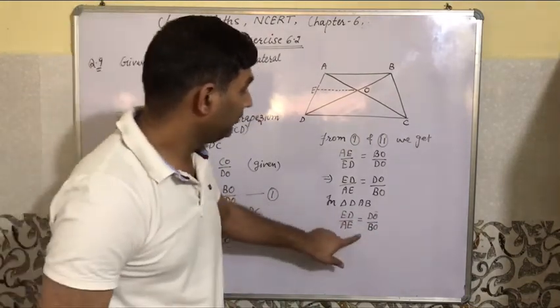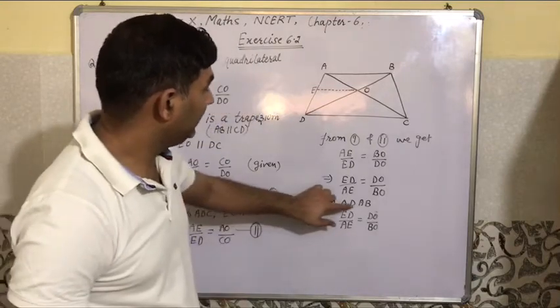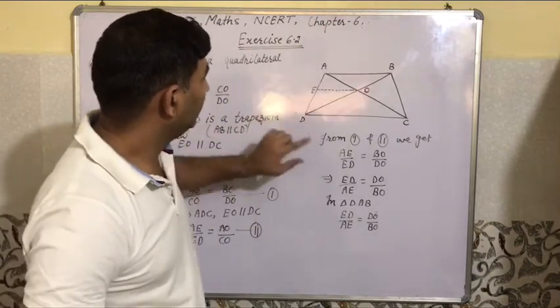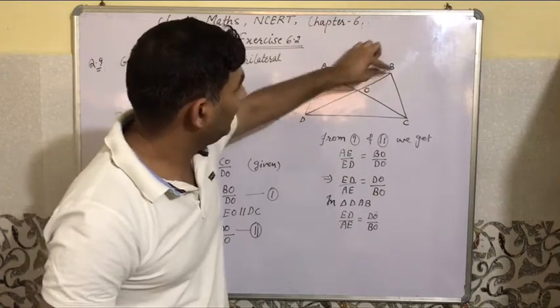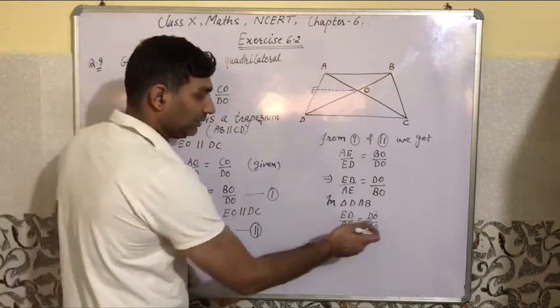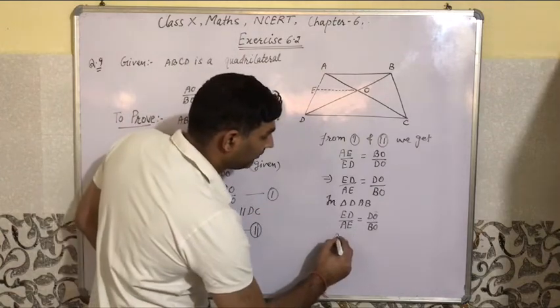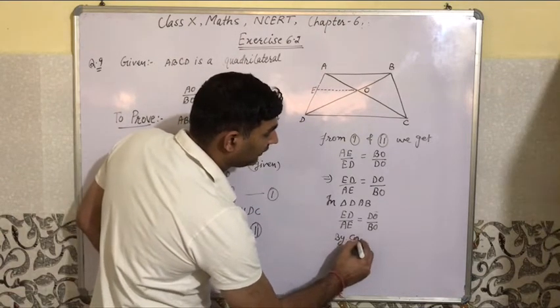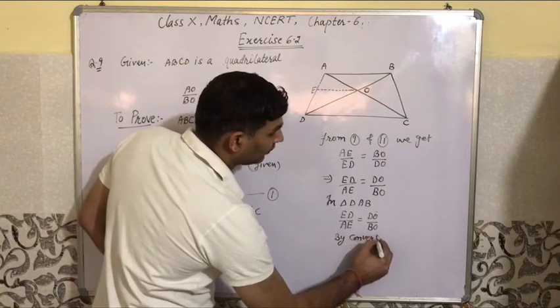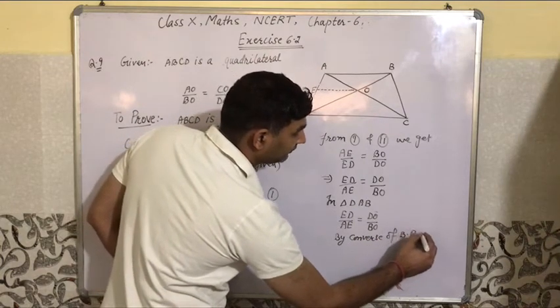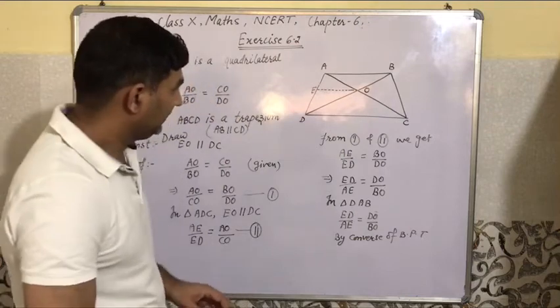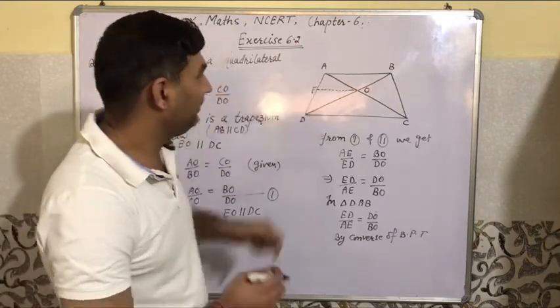See, in this triangle DAB, this ratio and this ratio are equal. Then both ratios are equal. Then by converse of basic proportionality theorem, this line is parallel to AB.